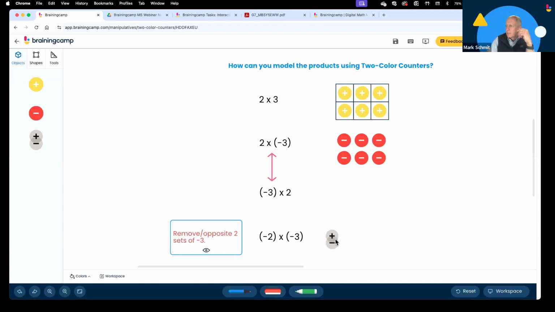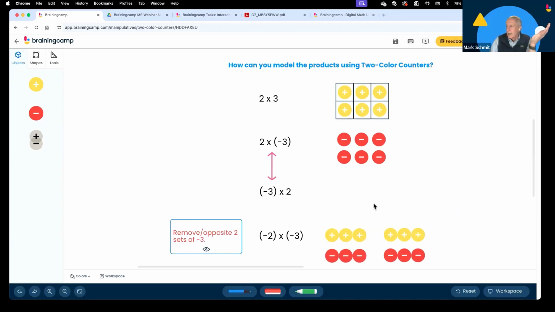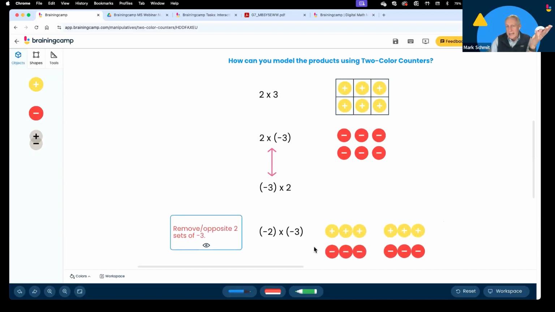All right. Well, I don't have -3 to remove. So now I'm going to start at 0. I'm going to make those 2 pairs of -3. I'm going to break that. And now if I remove the opposite of 2 sets of -3, I remove those.